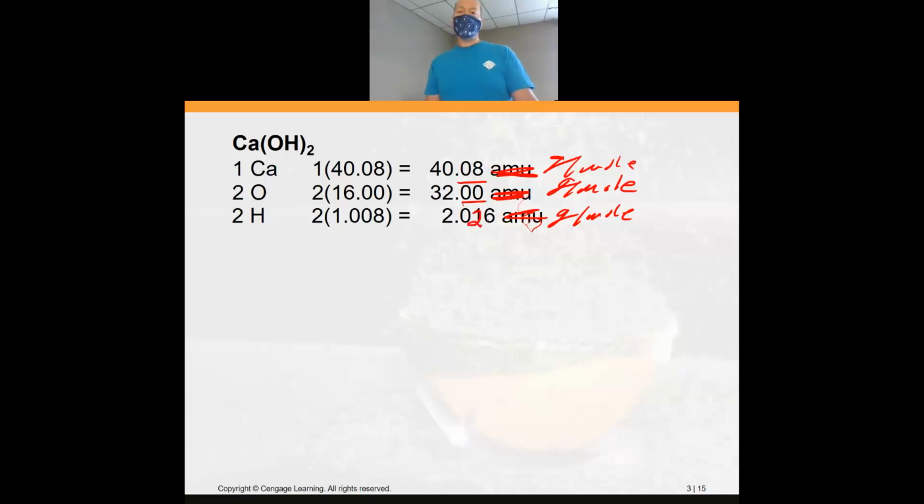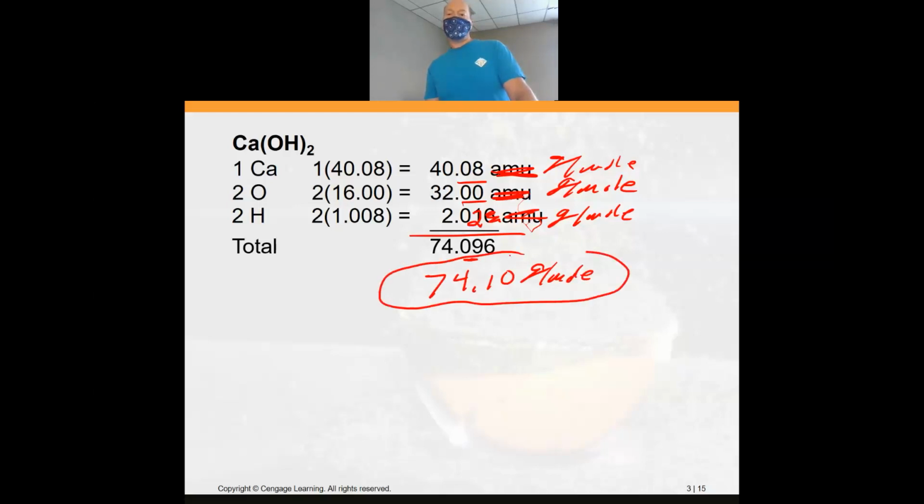I make the sig figs easier because that means that you're adding. The rule is decimal places. So every molar mass will have 2 decimal places. When you add this up, you always give it to 2 decimal places. 74.10 grams per mole is the only correct answer, unless, of course, it's not my problem.